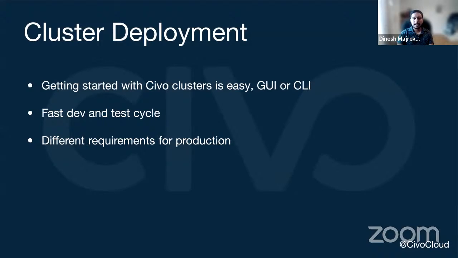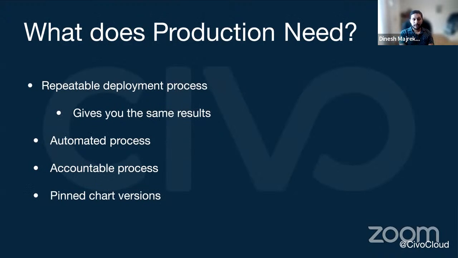However, I think when you start scaling that over and moving over to a production system, there's a whole set of different requirements that this fast and loose style doesn't really work with. So when you move over to production, getting a repeatable deployment process is really important. And by that, I mean that it gives you the same results every time.